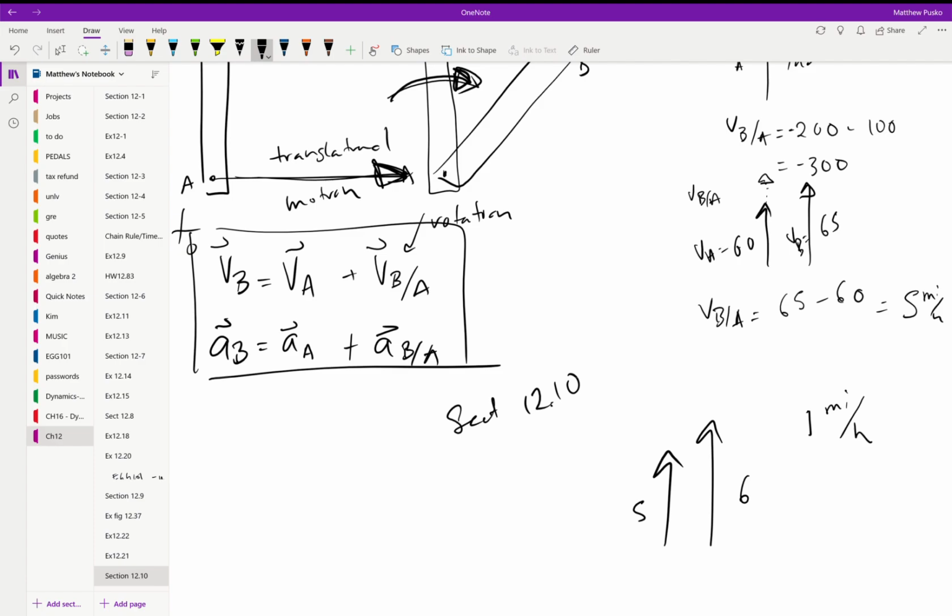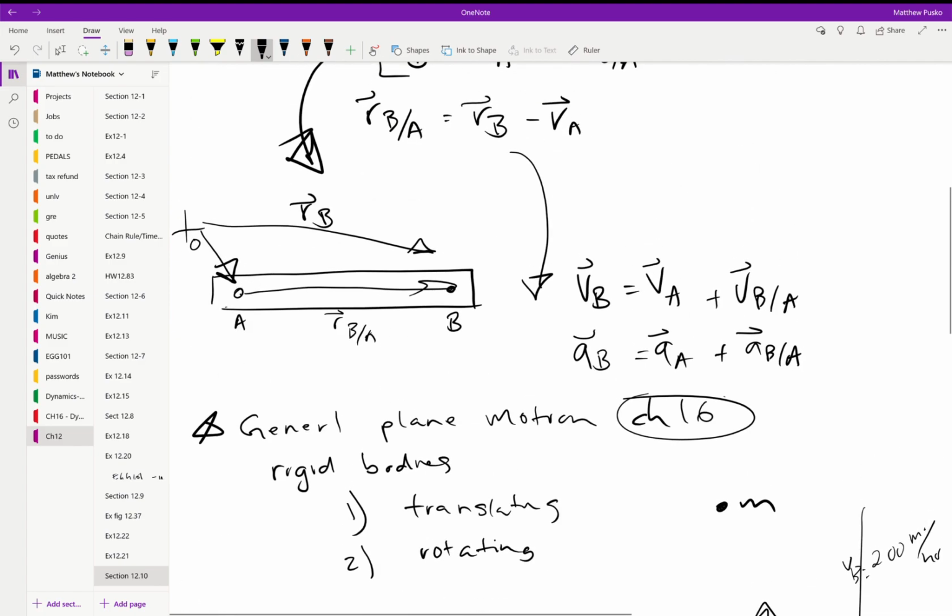If they're accelerating, we would handle it the same way. So don't make too much of it. Feel free to go over the examples in the book. I don't think I ask you any homework problems regarding this, but we will absolutely be using it in chapter 16. Every problem, pretty much.